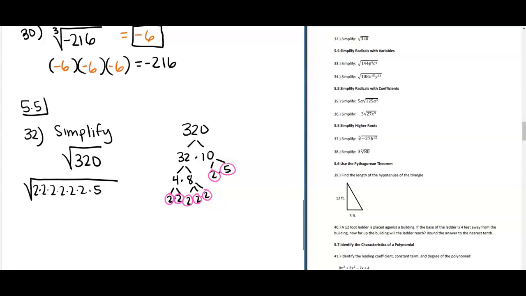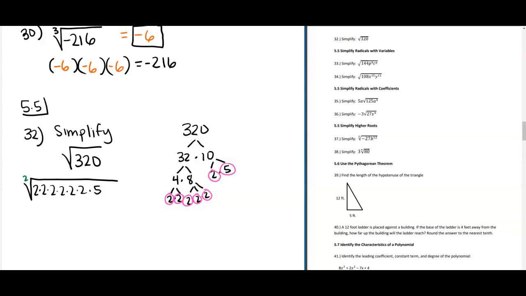Since this is a square root, there's a little invisible 2 there. It doesn't show us that index when it's blank. It means it's a square root. And that index is telling you how many of the same number you need in order for that number to be able to come out of the square root. So we need 2 of the same.